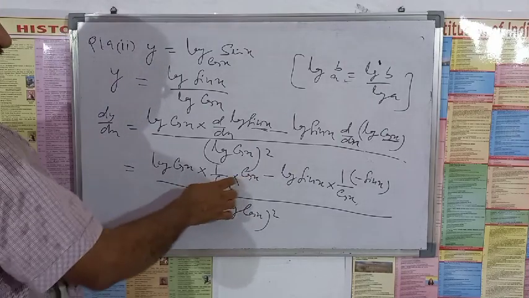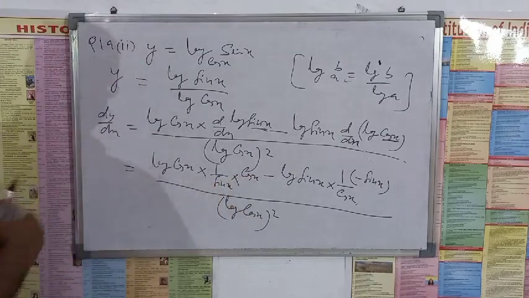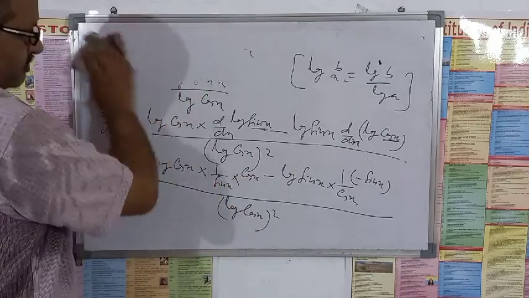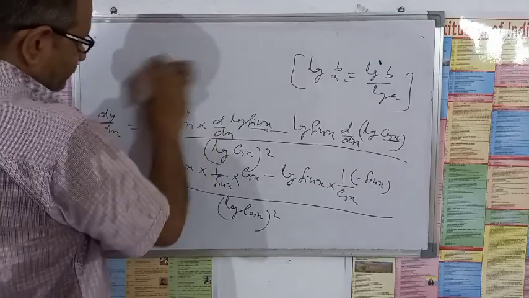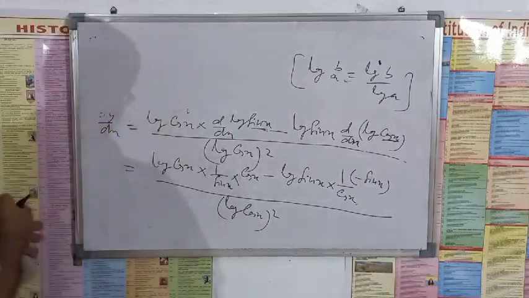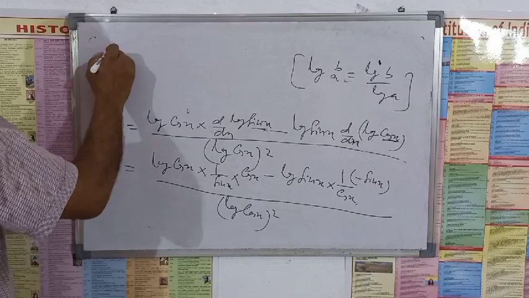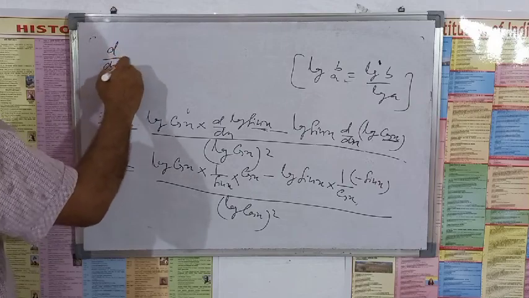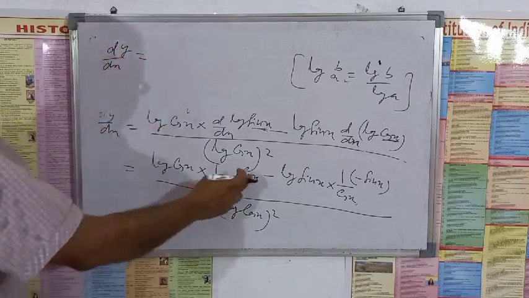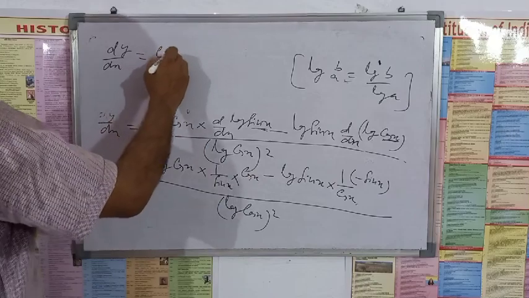We know that cos upon sin is cot. So simplify it. dy by dx. Cos upon sin is cot x.